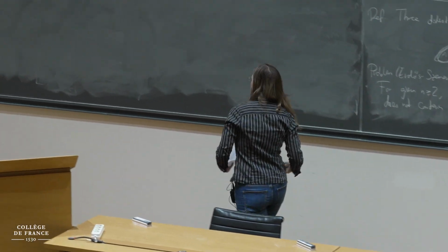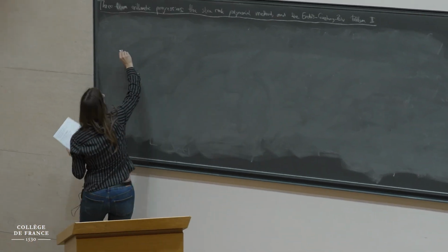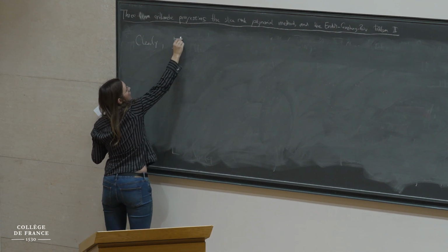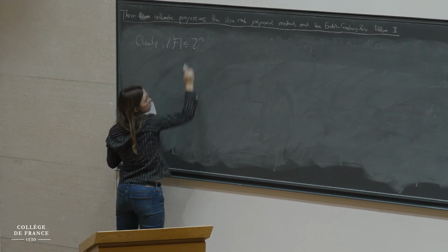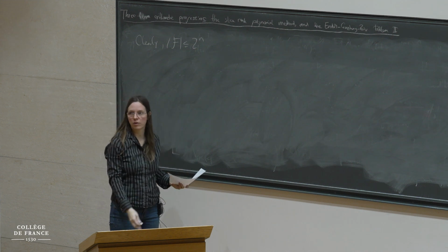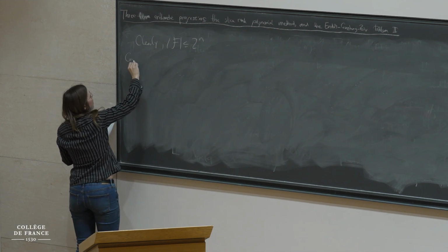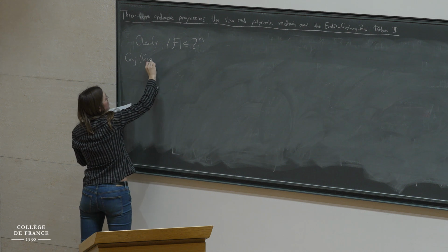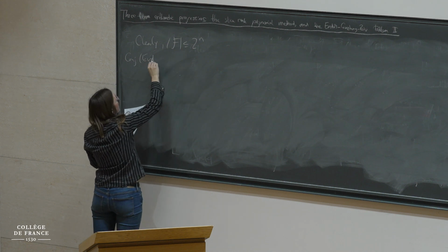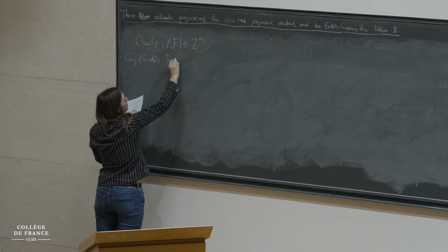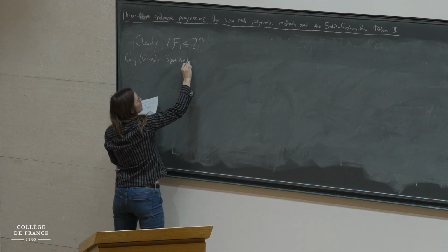So maybe let's just start with a trivial observation. Clearly, any such family must have size at most 2 to the n, right? Because that's the total number of subsets we can pick from the ground set. And then this conjecture of Erdös and Szemerédi was that, in fact, you must be exponentially better than this trivial bound coming just from the total number of all subsets.